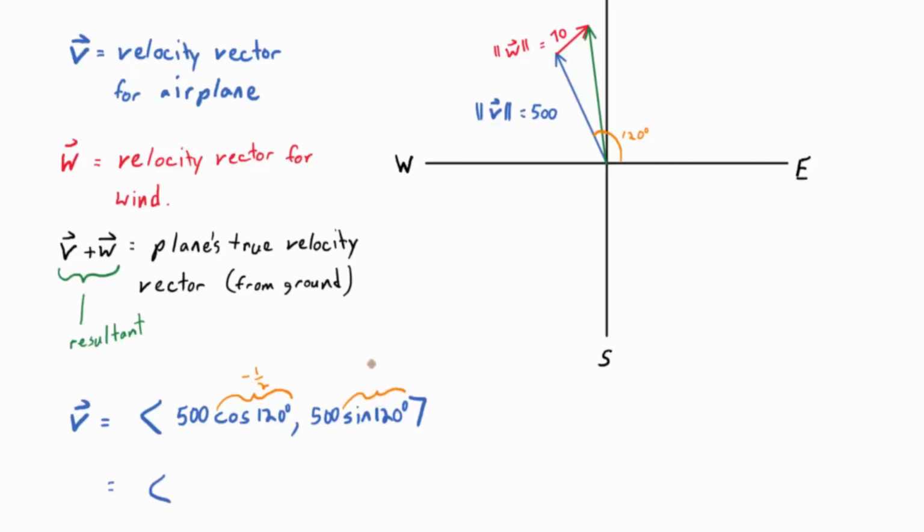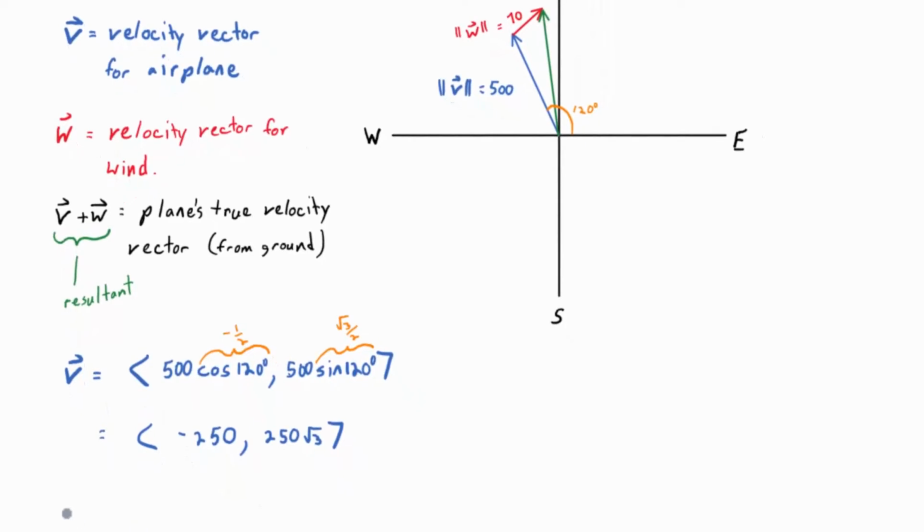Reference angle 60. Positive root 3 over 2. So if you multiply 500 times negative a half, what do you get? Negative 250, which means you're still in the second quadrant. 500 times root 3 over 2? 250 root 3.